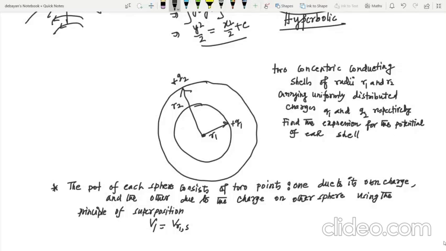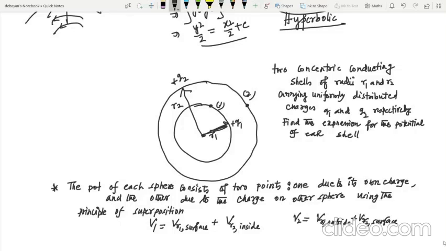Since I am finding V1, the potential of surface 1, there is its own charge for R1, and R2 is inside. And V2 is where the surface lies outside R1, so due to R1 outside, and due to R2 on the surface. Now we know the potential is V equals Q by 4 pi epsilon naught R1.